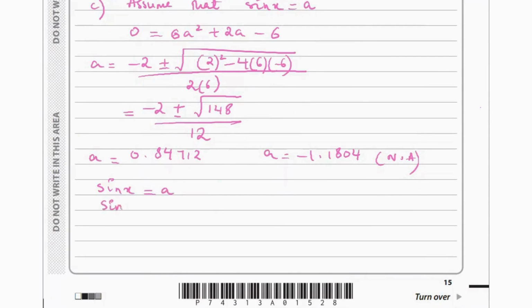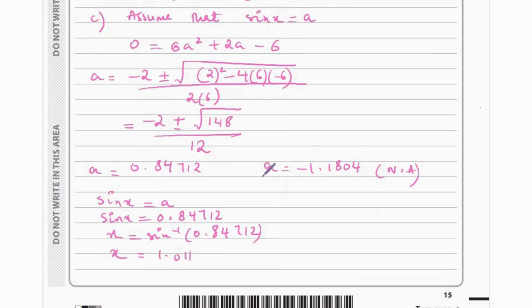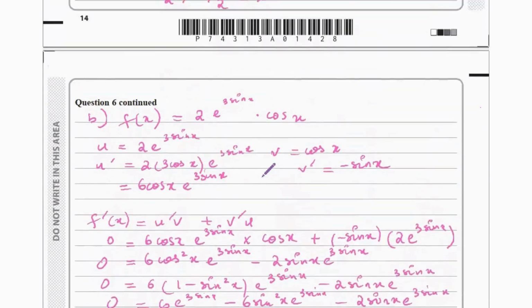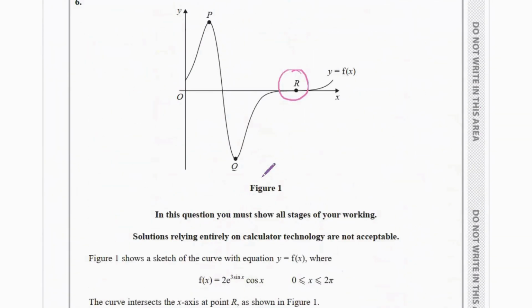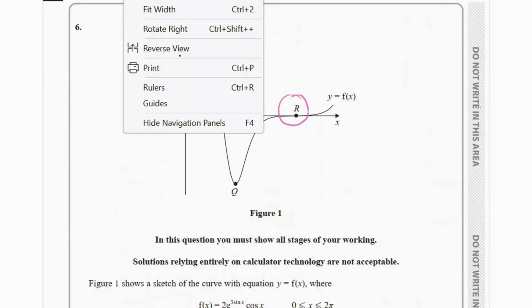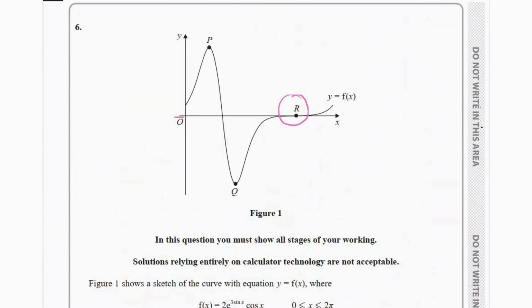So sine x is equal to a, like we said. So sine x equals 0.84712. x is sine inverse of this, and that is equal to 1.011. If we look at the diagram, Q is in the second quadrant, from 90 to 180.